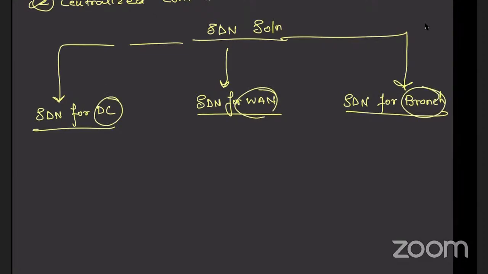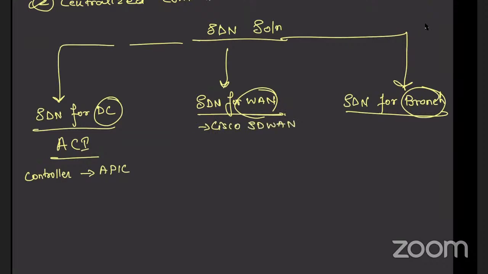So if we talk about DC, the SDN solution is known as Cisco ACI, which is Application Centric Infrastructure, and the controller that we use to manage it is known as APIC. The solution for your WAN side is known as Cisco SD-WAN. Previously it was Viptela SD-WAN, but Cisco acquired Viptela and is now rebranding it as Cisco SD-WAN. Here you will have three controllers: vManage, vSmart, and vBond.